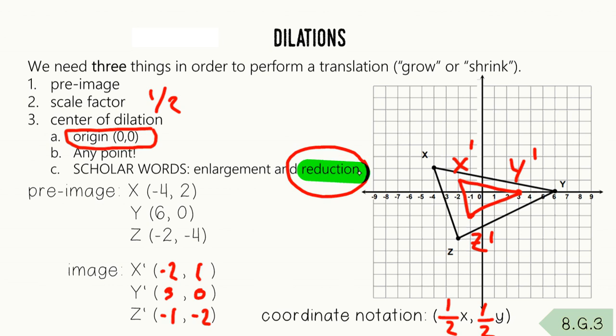It's a reduction. So is my pre-image congruent to my image? Okay, it is not congruent. Congruent means it's the same shape and the same size. So when we do a dilation, we will end up with an image that is not congruent, but instead similar.